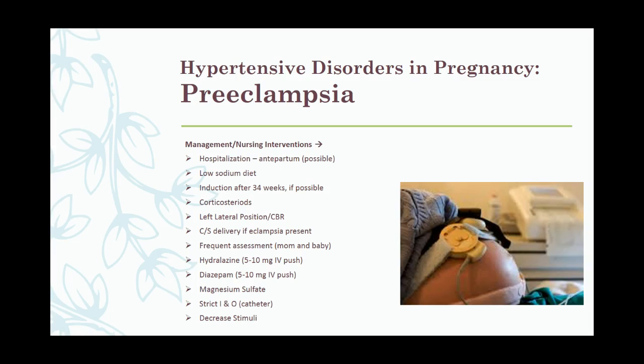Your vessels are smooth muscles. So how magnesium works is that whenever we give this IV to somebody, it relaxes their smooth musculature and it allows their vessels to dilate and open up, which will decrease blood pressure.